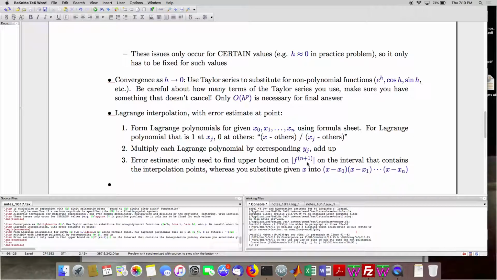This came up in problem 5, Newton interpolation, but it's the same idea. The function was the exponential, and the interpolation points were 0, 1, 2, and 3. So you would find the maximum of a derivative of the exponential on the interval 0 to 3.